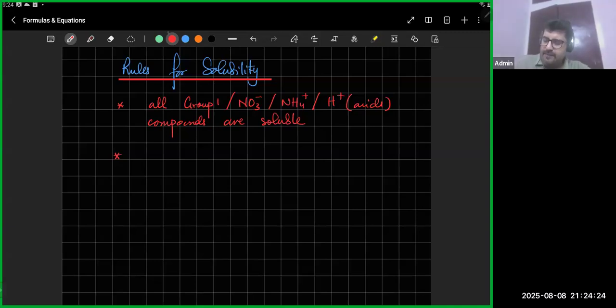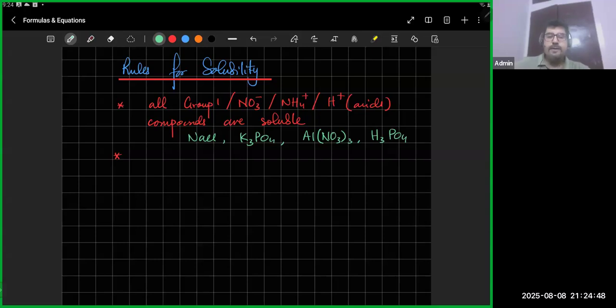So for example, if I have NaCl, that is soluble because it's a group 1 compound. If I have K3PO4, that will also dissolve because K is group 1, right? If I have aluminum nitrate, anything that's got NO3 in it is also soluble. If I have H3PO4, it's got H in it, so it's also soluble.